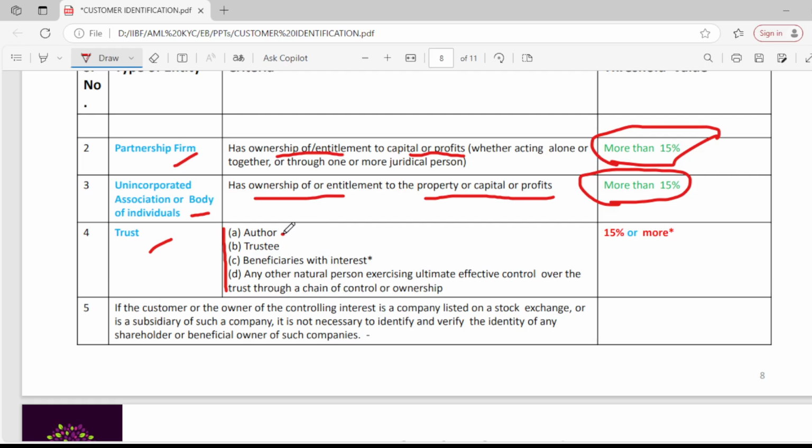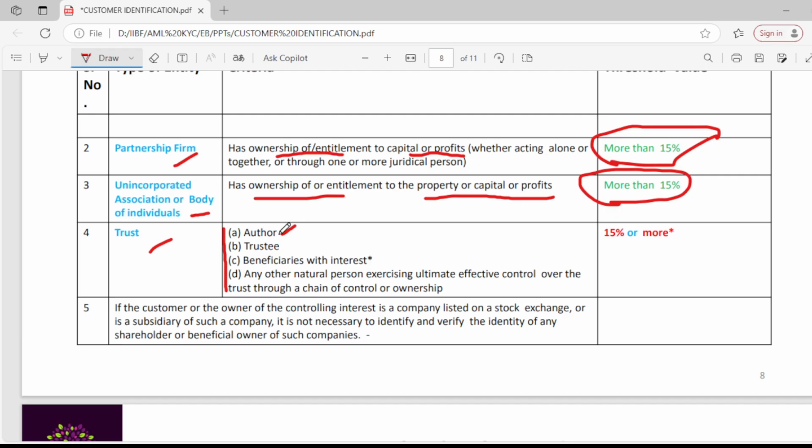First one, author or settlor creates the trust. Author has the authority of structuring and operating the structure. Therefore, author has the control on the trust.